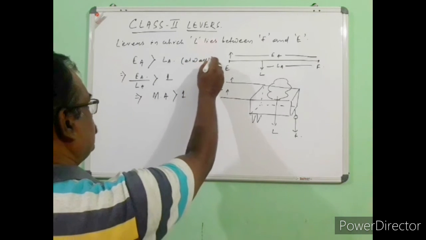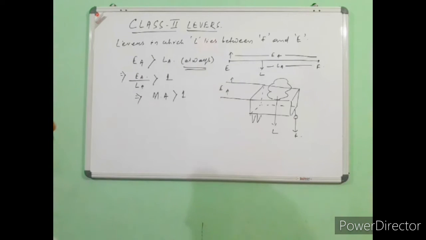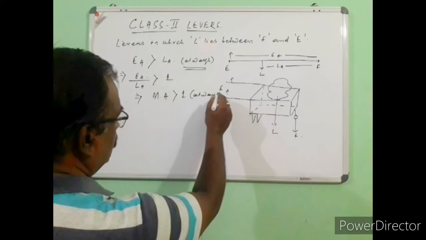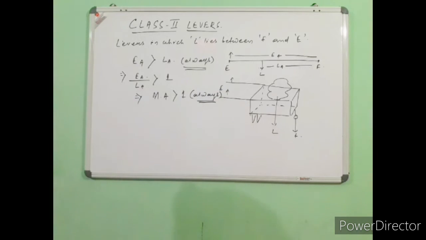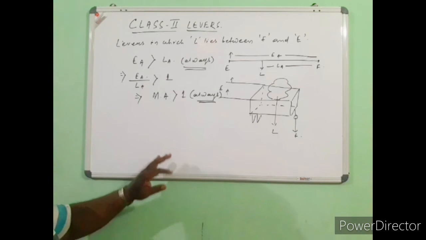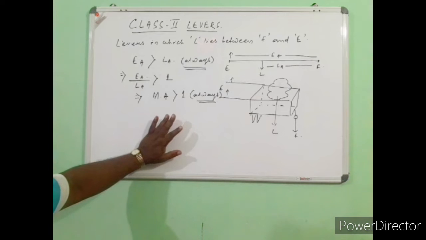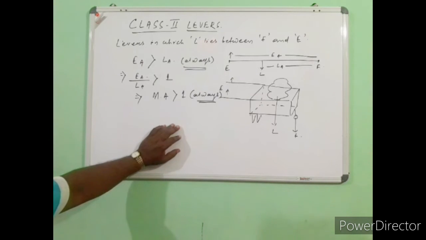So remember, this word always is very important. Wherever you find questions like this, that give an example of a machine in which the mechanical advantage is greater than 1 always, then in such cases be sure that this is your class 2 lever.